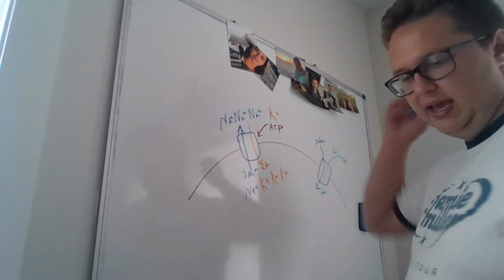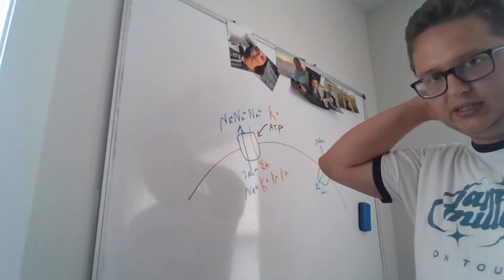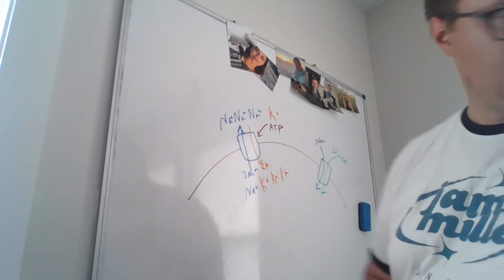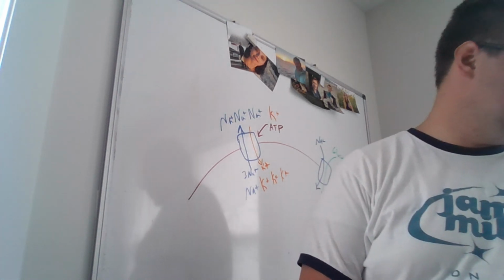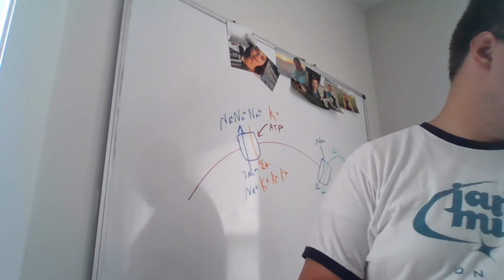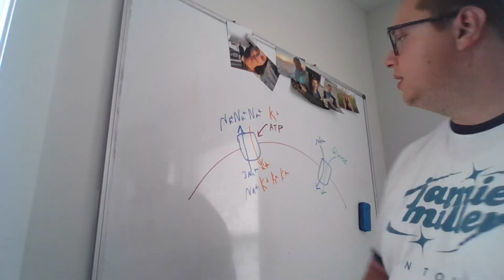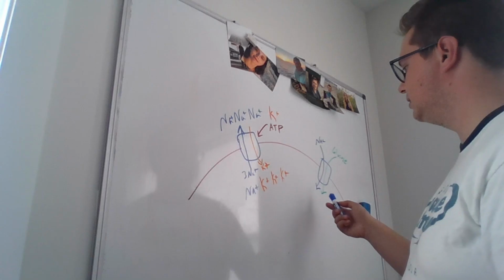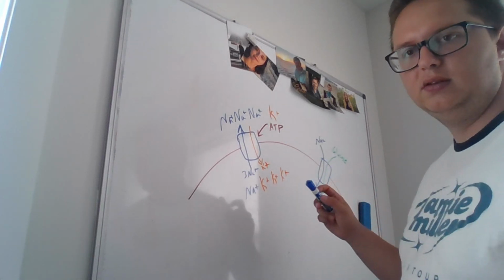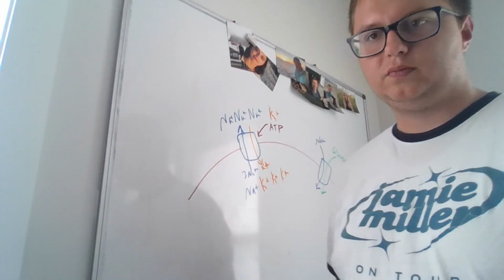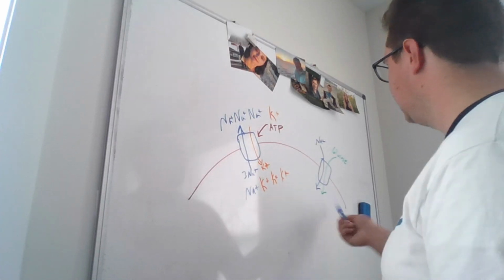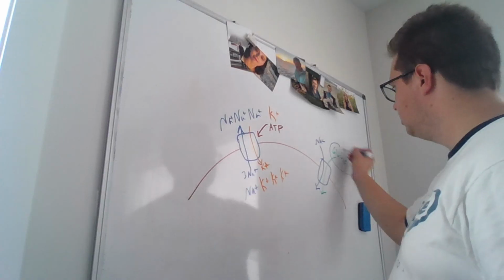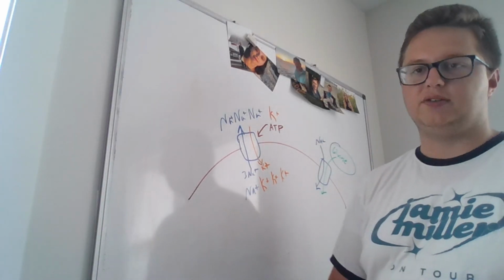This again is from low to high concentration, because glucose here is going against its concentration gradient.